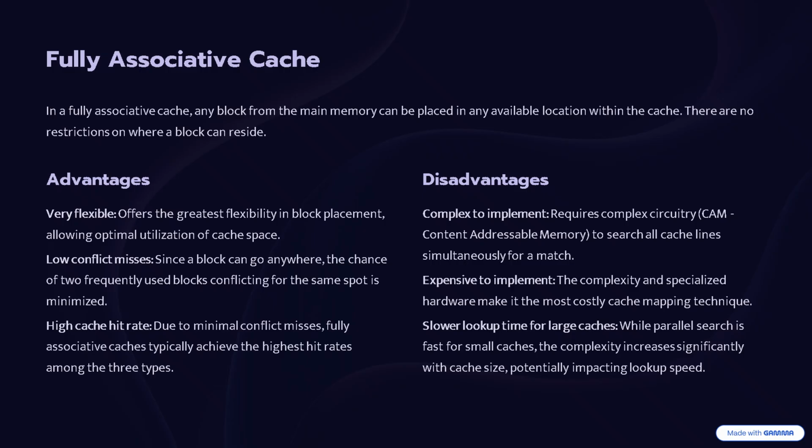Moving on to the fully associative cache, which is my last slide. In a fully associative cache, any block from the main memory can be placed in any available location within the cache. There are no restrictions on where a block can reside. Any available slot inside the cache can be used to store the block of data.